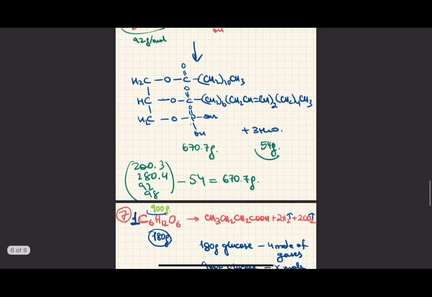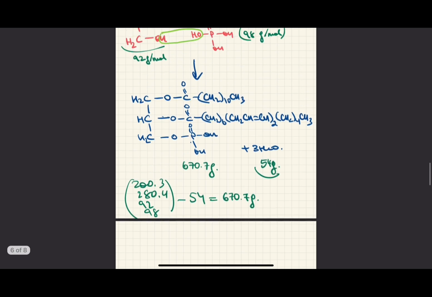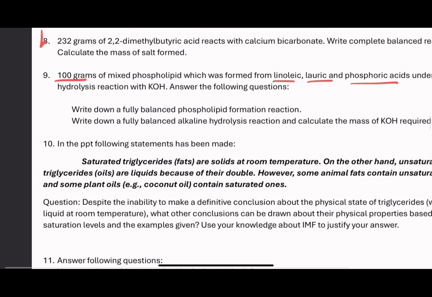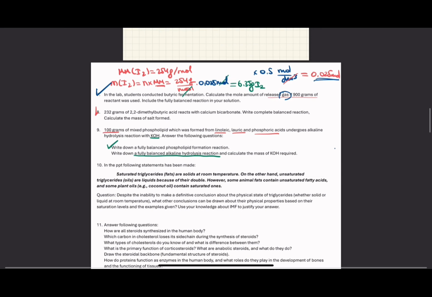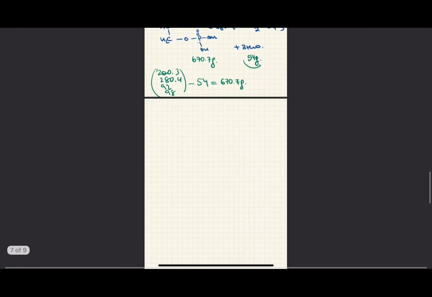That's what you have for this mixed phospholipid. Now the question is asking, if you have 100 grams of that, so we wrote this portion, and you're going to mix it with potassium hydroxide. Write down the fully balanced alkaline hydrolysis reaction. Calculate the mass of KOH, potassium hydroxide, required.